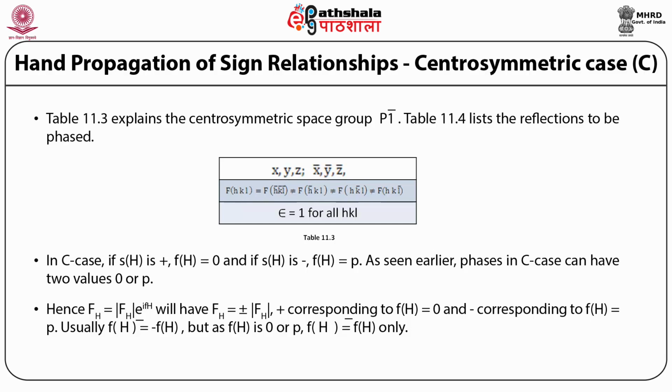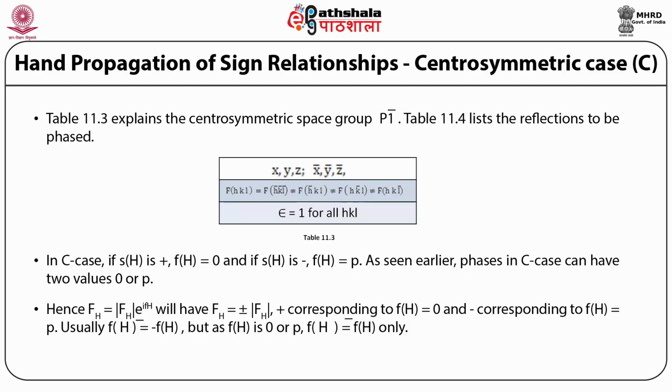And one more thing: when this H reflection is changed to the inverse reflection H bar, the phase, even though it becomes minus, is immaterial since it is 0 or pi, because minus pi is the same as pi, as you can add 2 pi to get pi. So don't have any confusion in the centrosymmetric case.